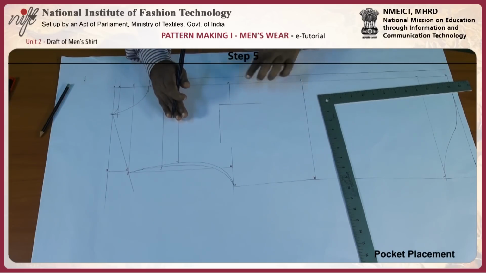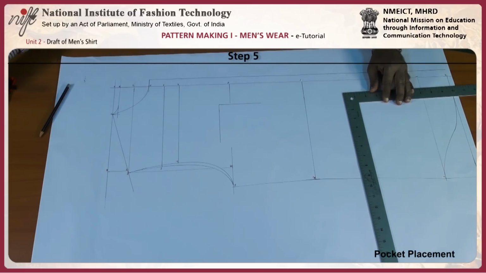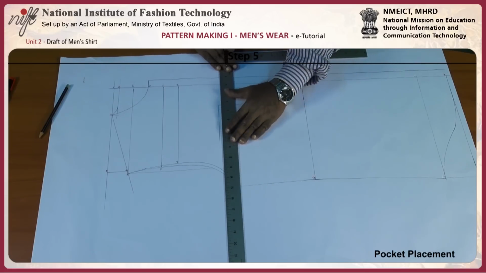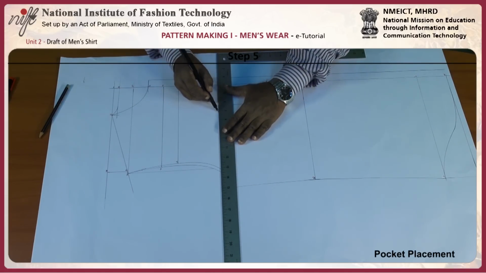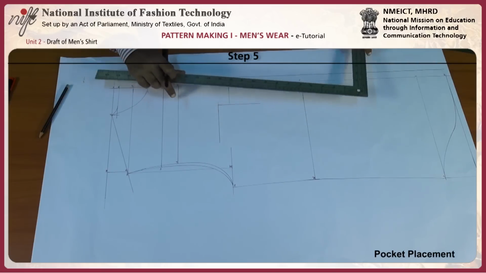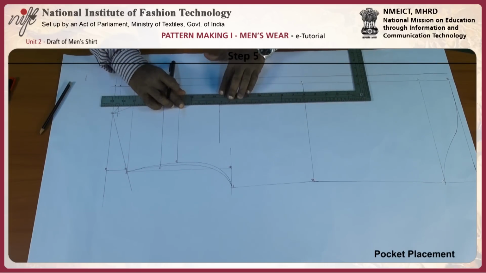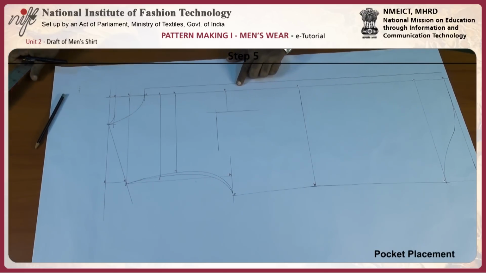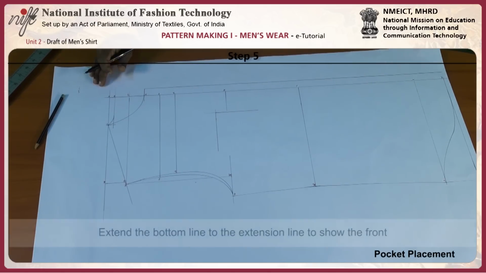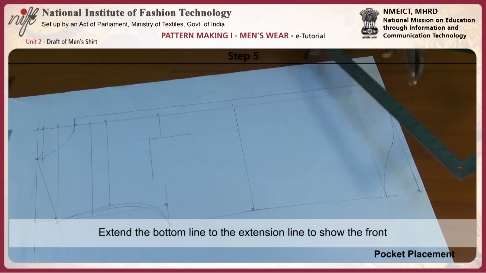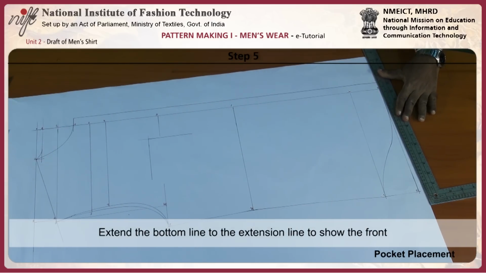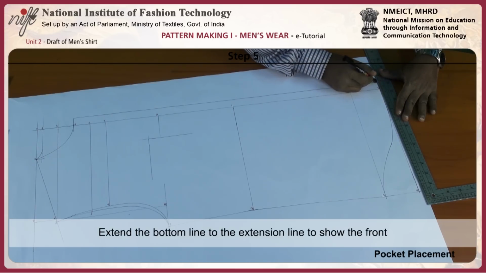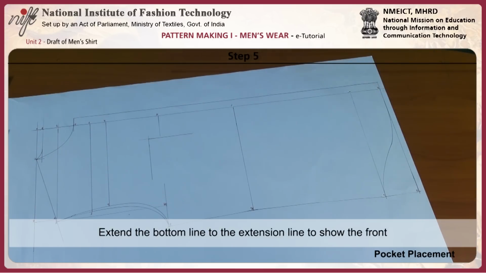This shows the pocket placement of the shirt, which should be placed at this point. The bottom line can be extended up to the extension line to show the front.